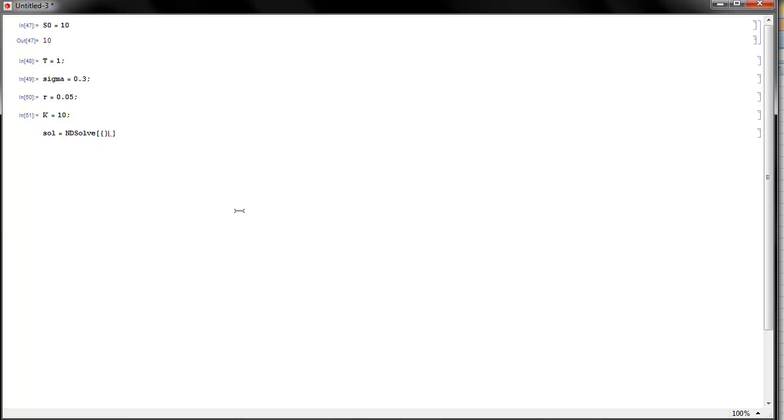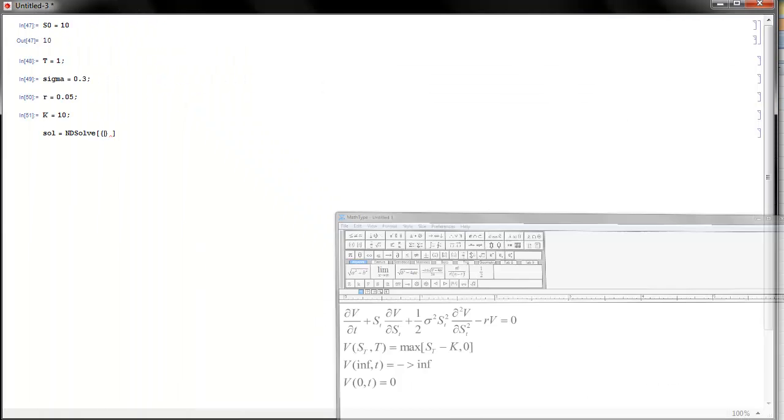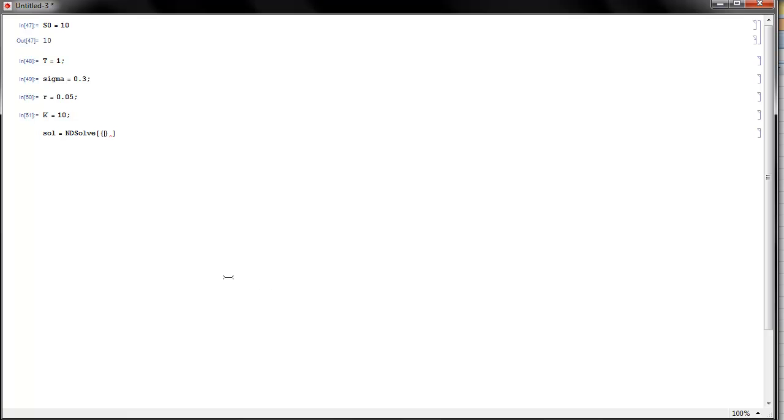Okay, and now I'm going to type this partial differential equation. So I'll write D of V as t.